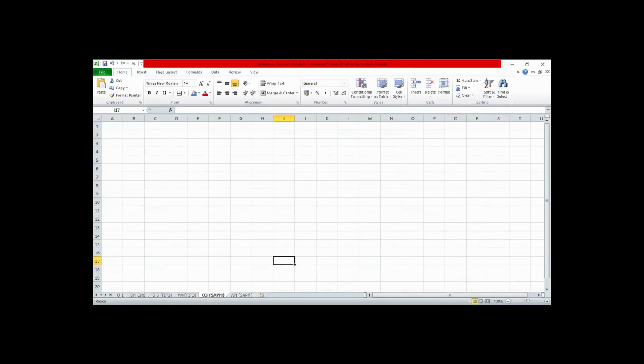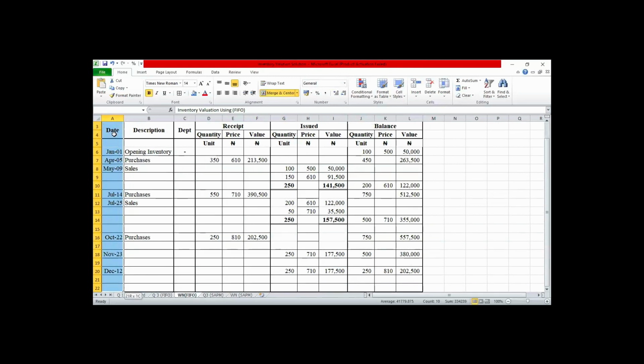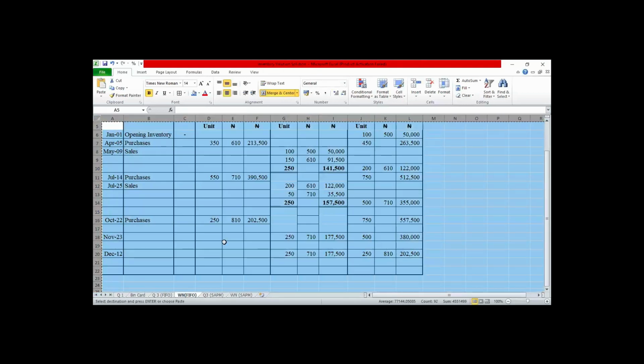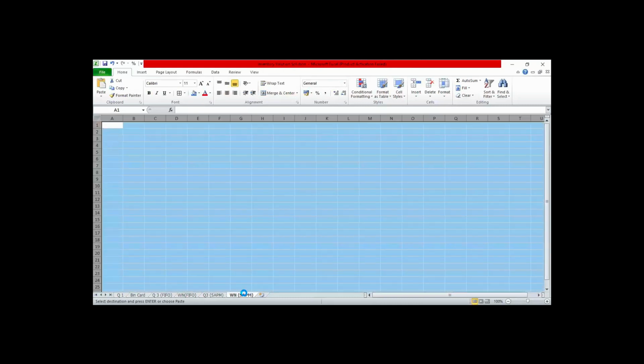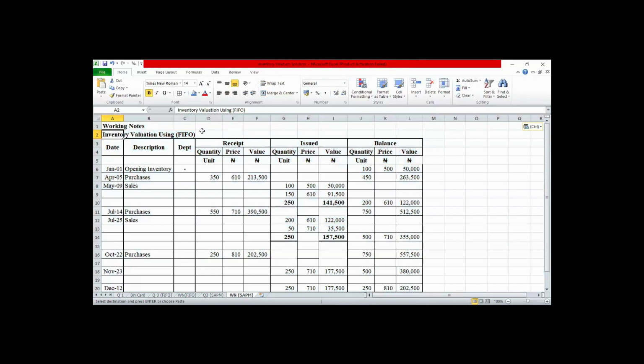Now, the first thing we are going to do is to sort out the working note, the way we did it the last time. I've copied everything. I'm putting it here, but I'm changing the title. Hope you can see the working note and the board.